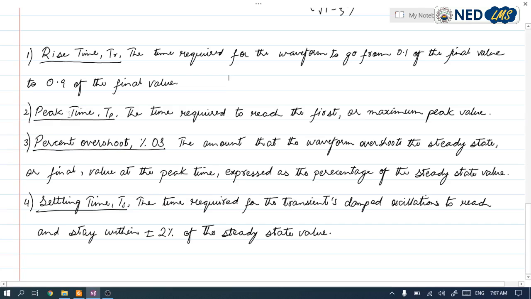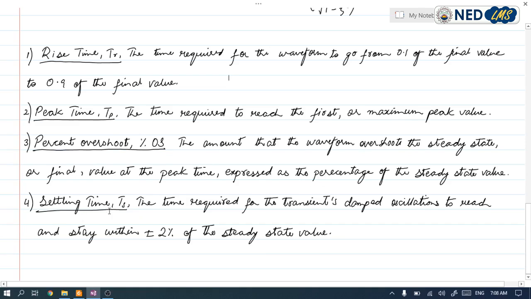Now the second one is the peak time, and it is defined as the time required to reach the first or maximum peak value, when our output response achieves its maximum peak value. The third one is percent overshoot, and it is defined as the amount that the waveform overshoots the steady state or final value at the peak time, and it is expressed as a percentage of the steady state value.